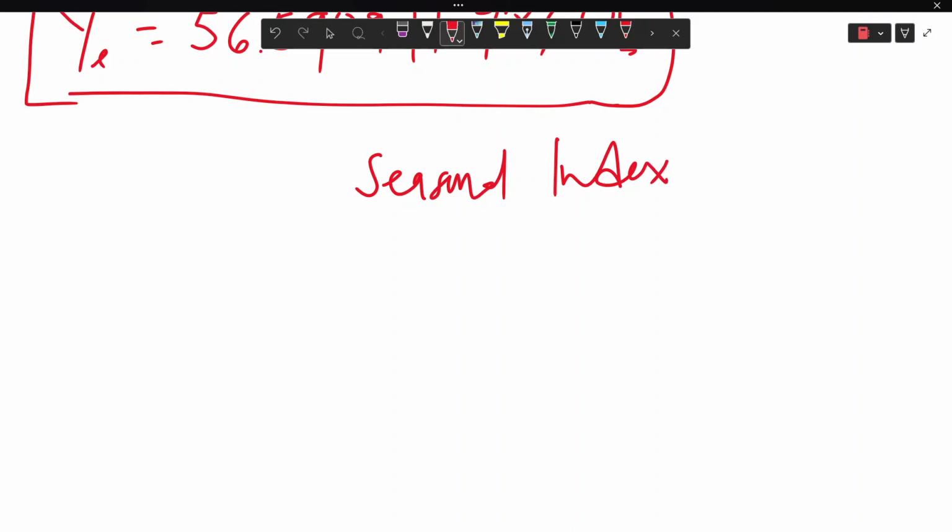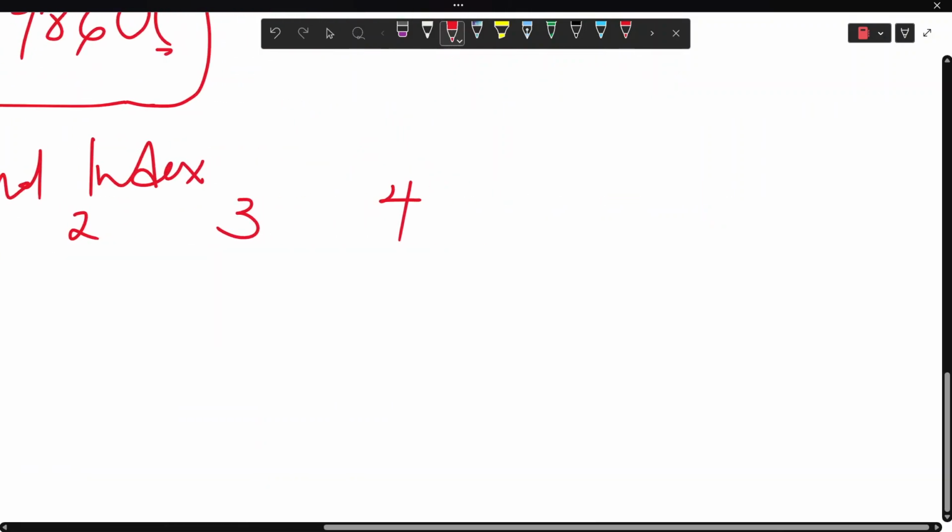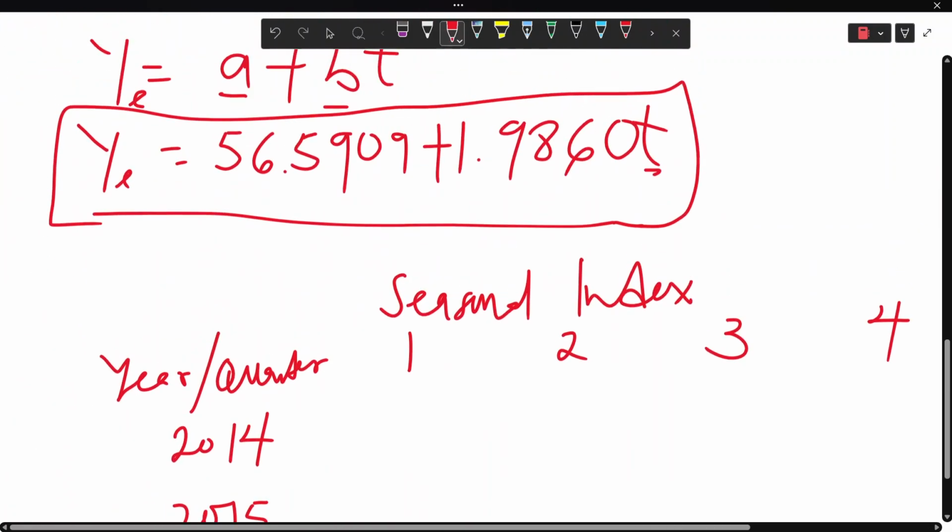Seasonal index. So we have the year and we also have the quarter. We have 2014, 2015 and 2016. So we have quarter 1, quarter 2, 3 and 4. Then we also have our total here.